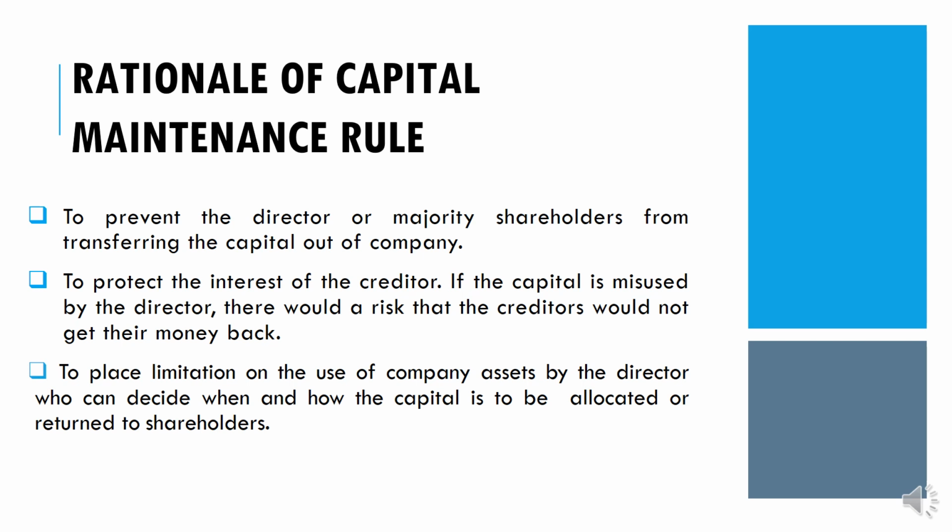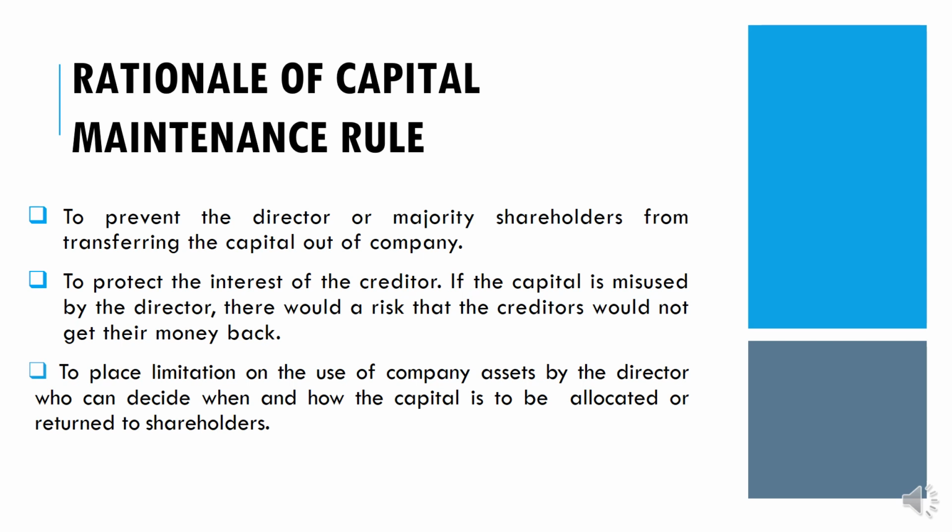Okay, secondly, to protect the interests of the creditors. Okay, we need to maintain the capital. We have the rule to maintain the capital because we do not want the company to misuse the capital. Alright, when the company through the directors misuse the capital, they will put the creditors at risk. How does it happen? Okay, now the creditors know that this company has a lot of money because they have a lot of shares, right?